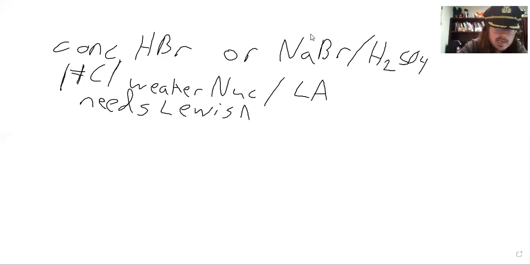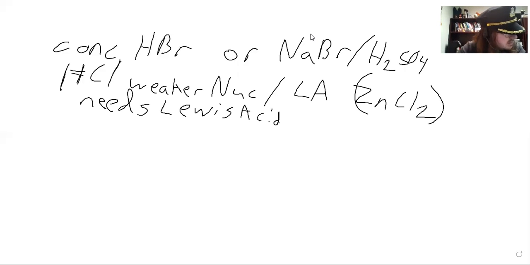Our Lewis acid in this case is zinc chloride, which will allow for substitution of tertiary, secondary, and primary. Tertiary and secondary will still react with SN1.